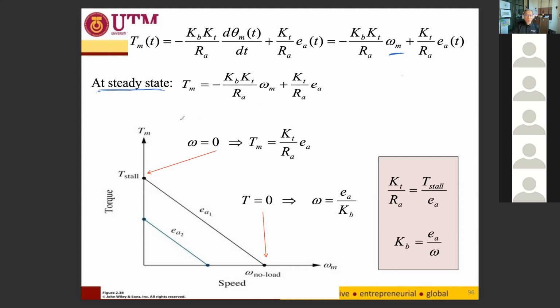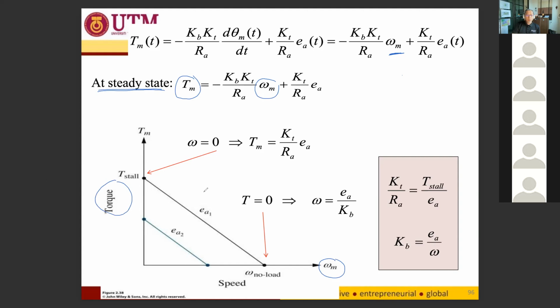We can plot this torque and this omega m, the speed, d theta m over dt, as shown here, the speed in radians.